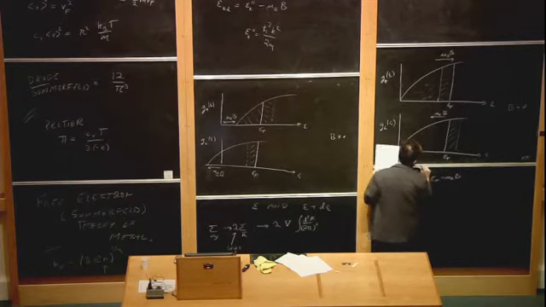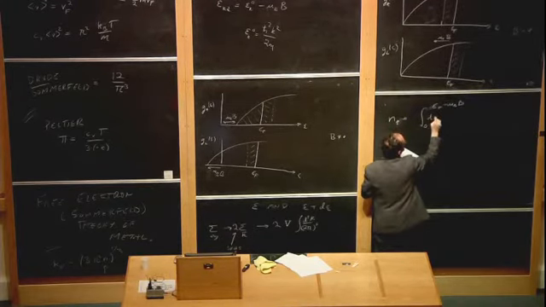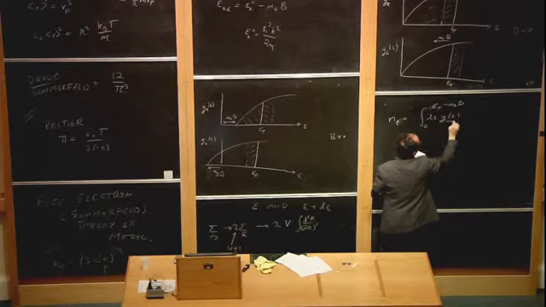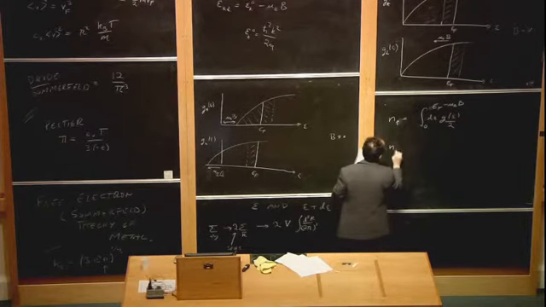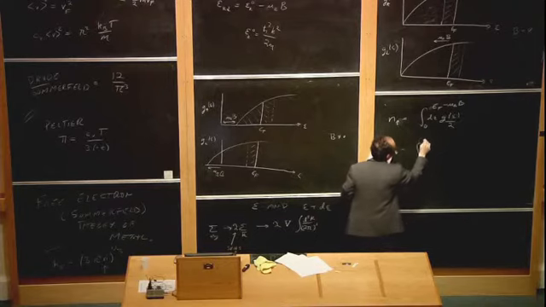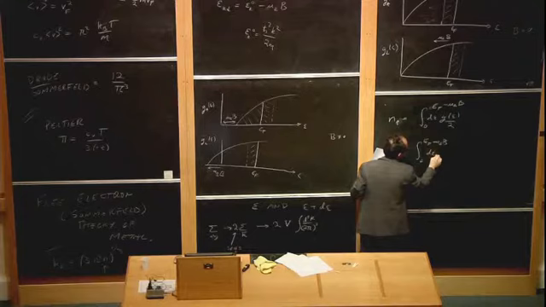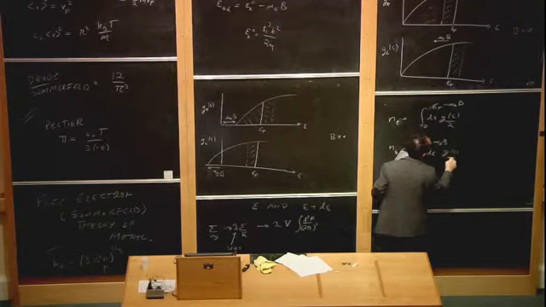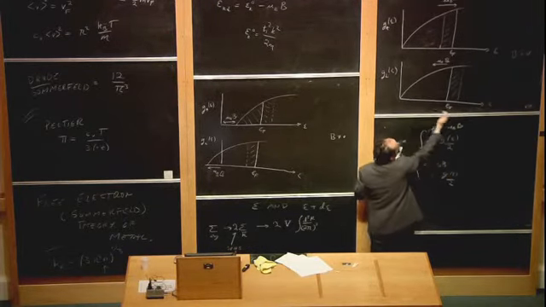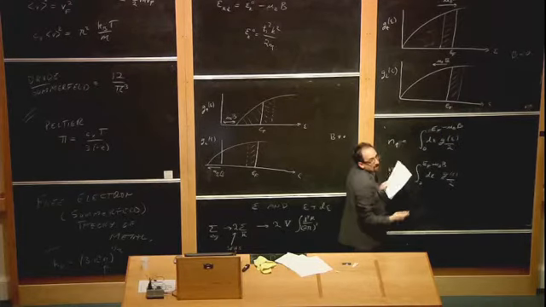These guys have now emptied. dE of g of E, I guess over 2. Whereas the number of spin downs is the integral from 0 to EF plus mu_B B, dE g of E over 2, because we want to integrate all the way up to here, since those have been pulled down in energy.